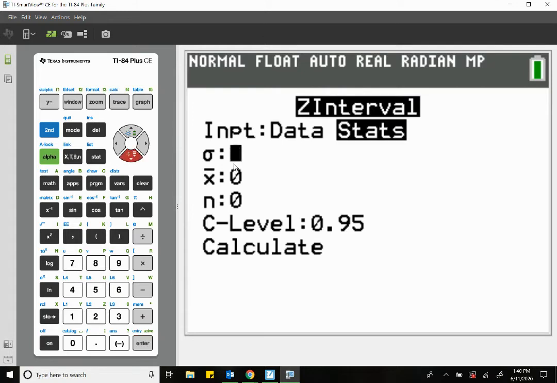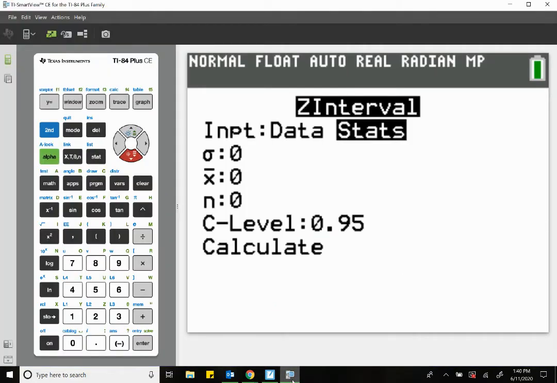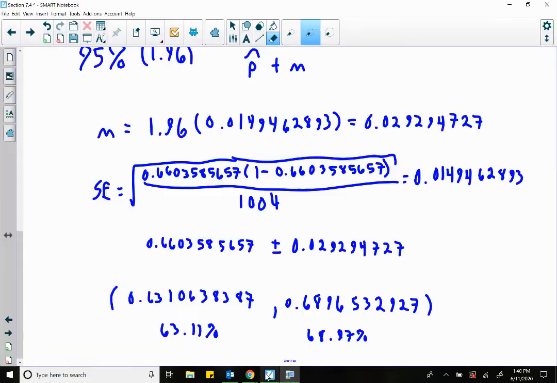So if we go down to here, this is that standard error that we found, which was 0.01494. 0.01494, if I remember right. Yeah. And then 62893.